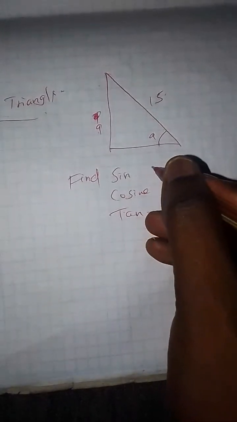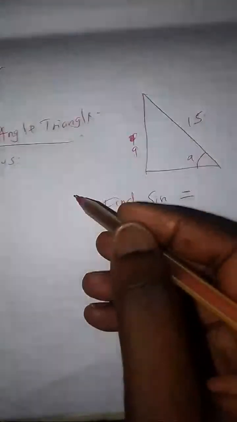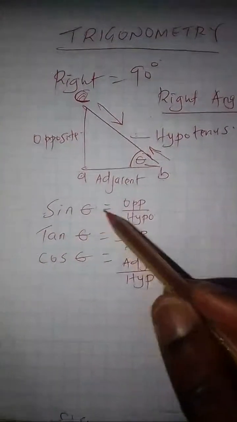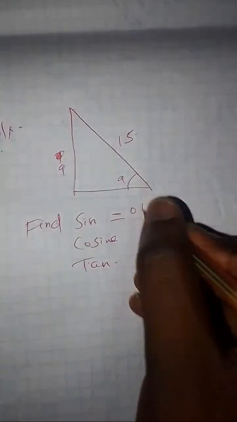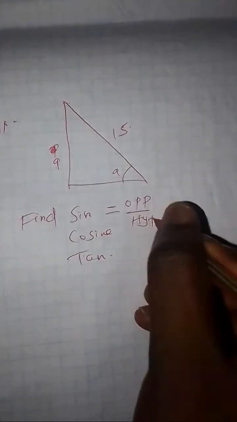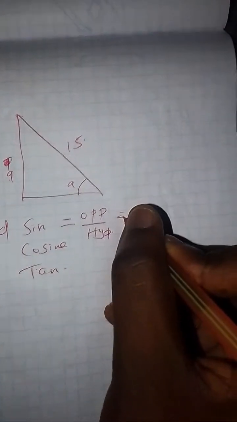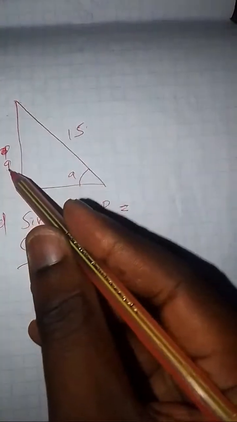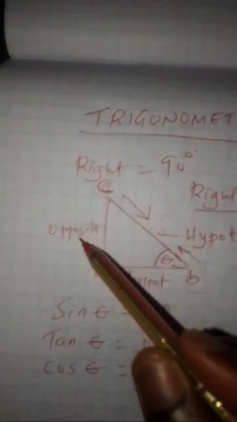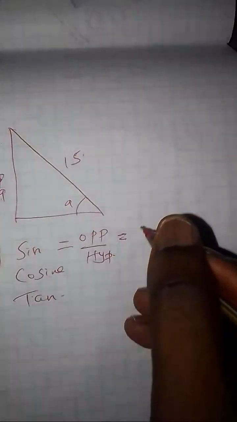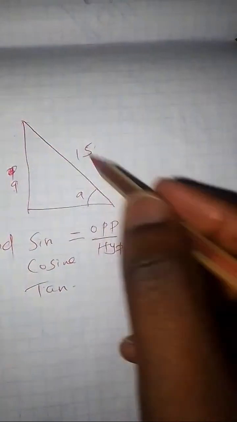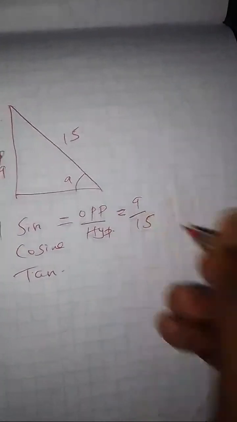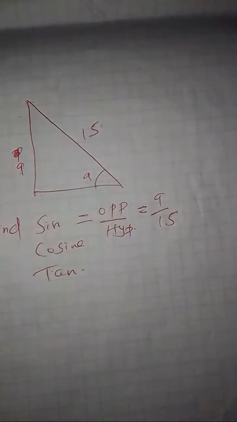Now we are asked to find the sine. We've said that sine is equal to opposite over hypotenuse. So we shall have sine is equal to opposite over hypotenuse, right? Our opposite side shall be 9, because 9 is the opposite. You can check, 9 is the opposite. So we shall have 9, and we shall divide it by the hypotenuse side, which is 15. 9 out of 15, and what is the answer?